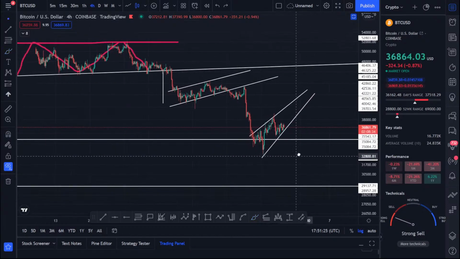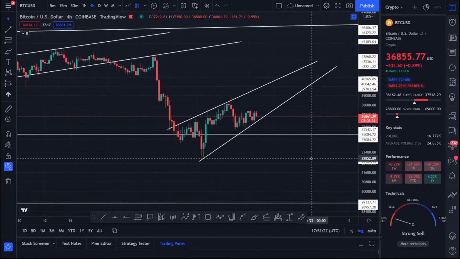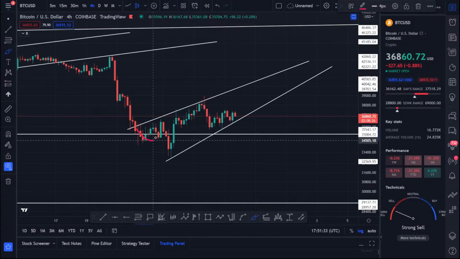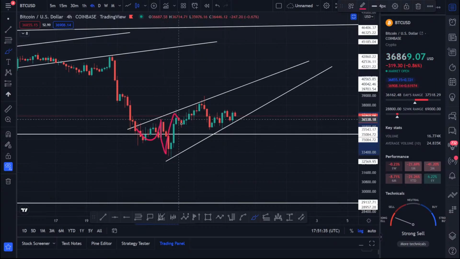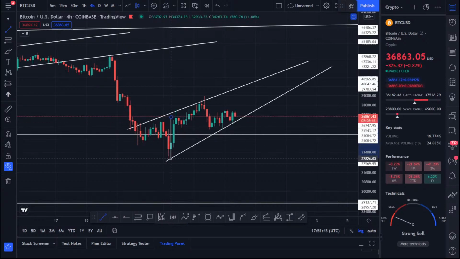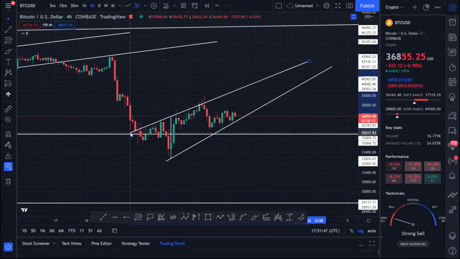But now if you look at this pattern, I told you in my previous videos and in my live stream that it was making this beautiful inverse head and shoulder pattern. It's a very ugly inverse head and shoulder, but this pattern had a technical target to the upside if it broke this resistance.